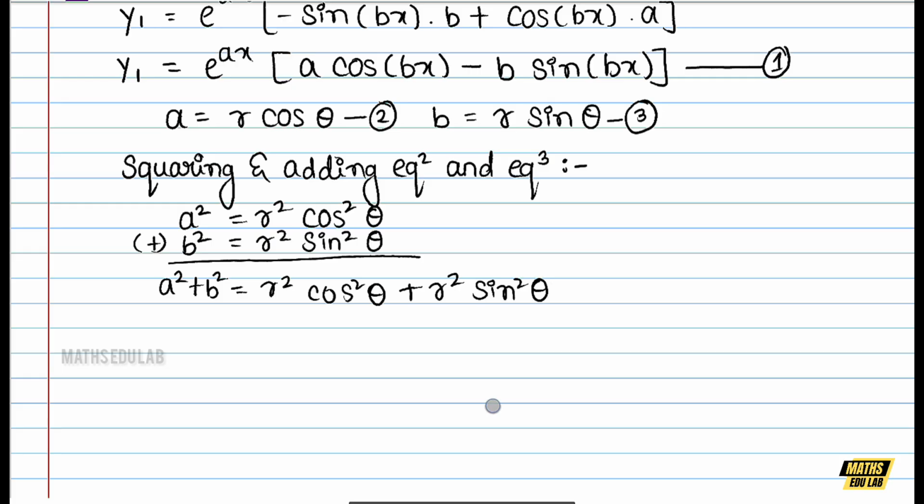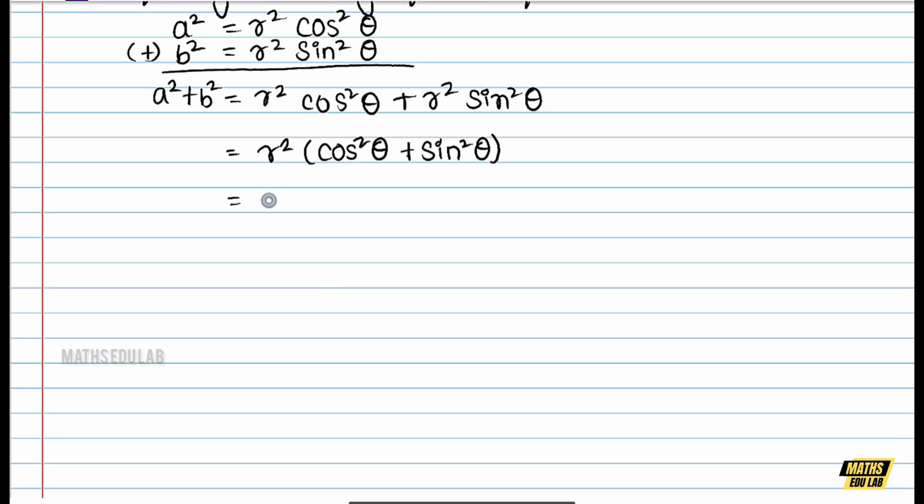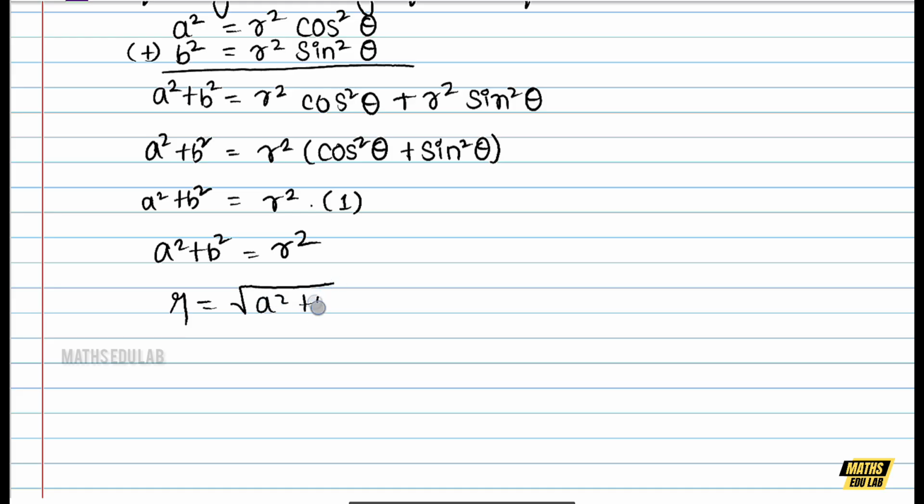Here r square is a common term, so I can write r square times cos square theta plus sine square theta. As we know the trigonometric identity, cos square theta plus sine square theta is 1. So r square into 1. Then a square plus b square is nothing but r square. Then I can get the r value as root over a square plus b square. So we have a value for r.